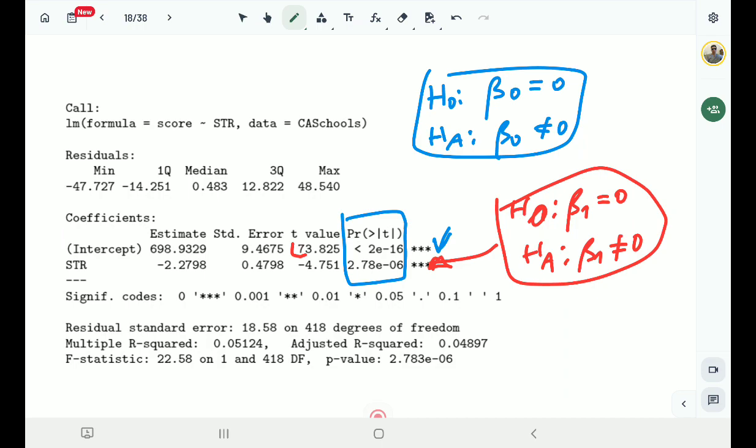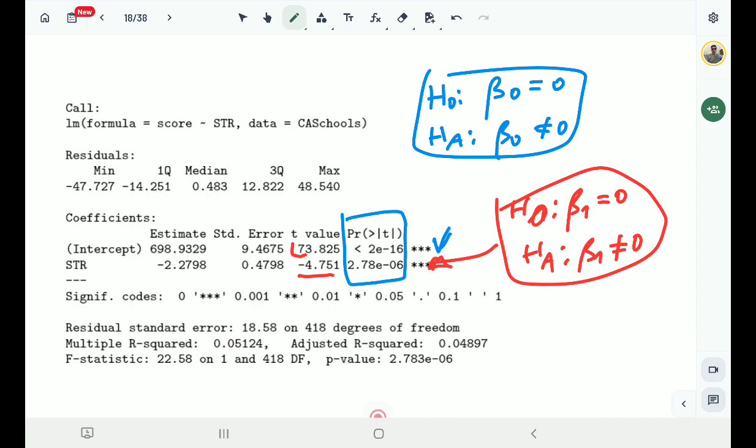The rule of thumb tells you that if the t-value is greater than 2 in absolute value, you have to reject the null hypothesis of equality of the parameter to 0. That null hypothesis is rejected when the absolute value of the t statistic is greater than 2. The same goes for the beta 1 parameter.